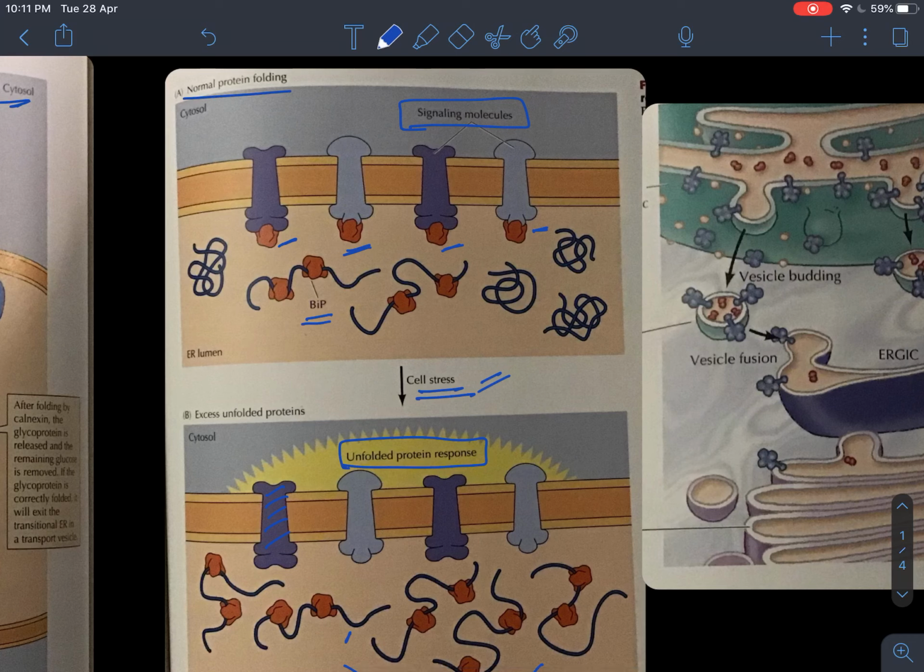This is in case of normal protein folding where BiP is associated with the signaling molecule. BiPs are also associated with some of the unfolded protein, and most of the proteins are folded correctly.